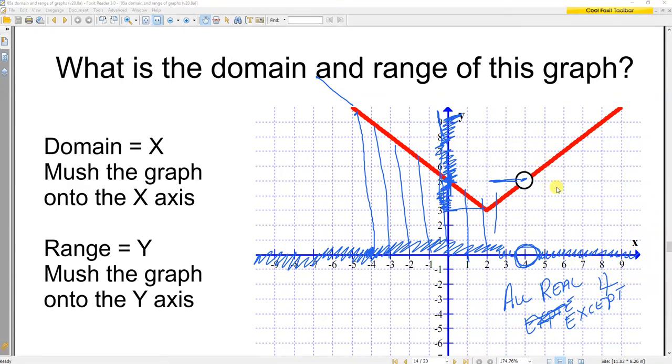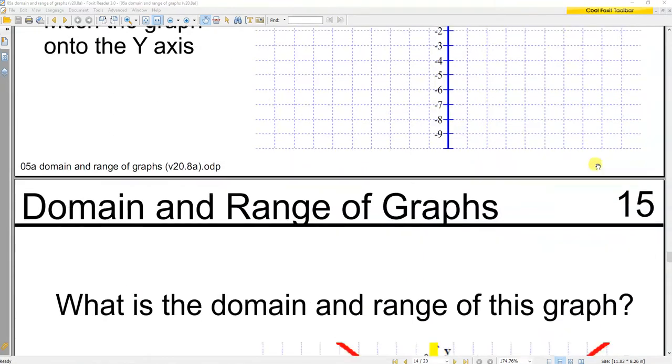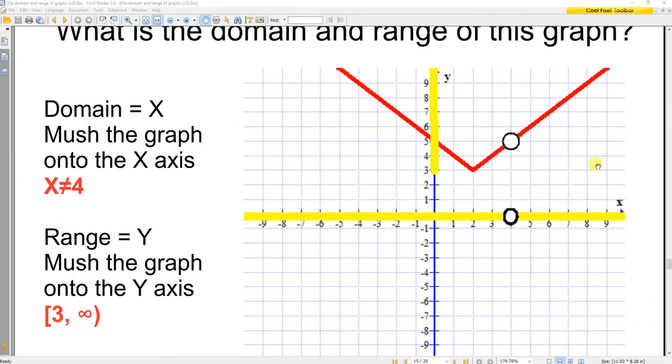So this is going to be solid 3 up to infinity. That's the range of this. So our domain is all real numbers except for 4, because notice 4 isn't covered. And our range is 3 to infinity. So here we go, x cannot be 4, and 3 to infinity.